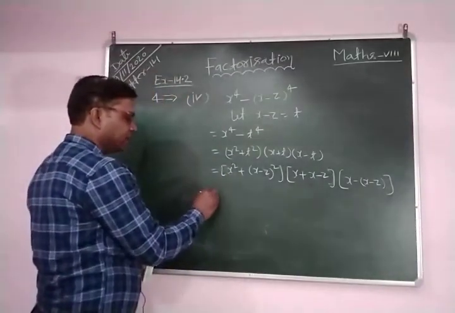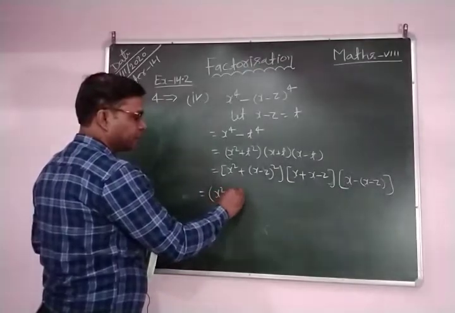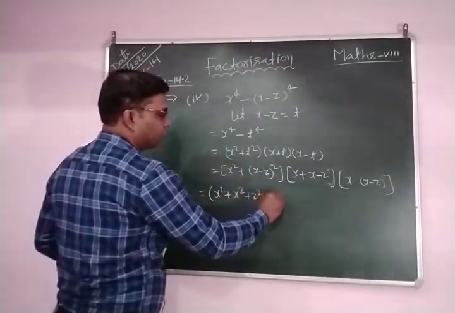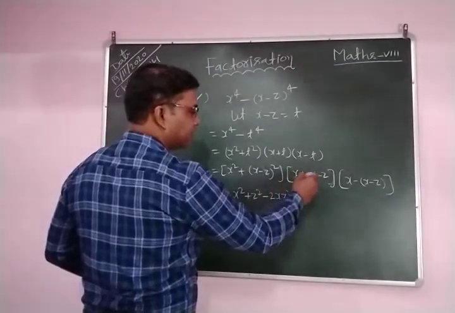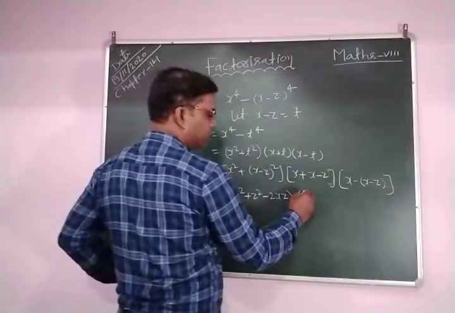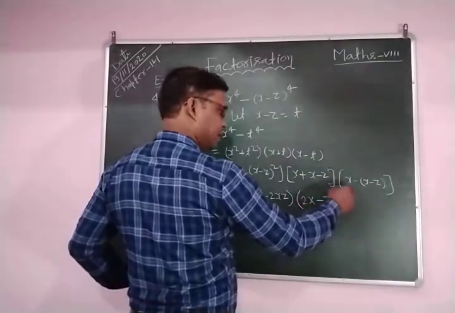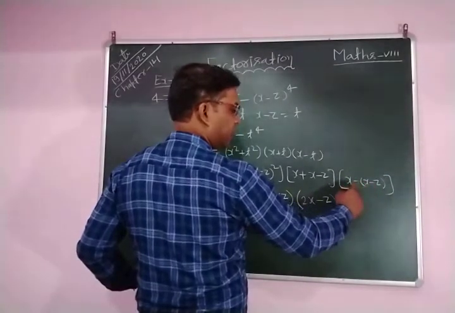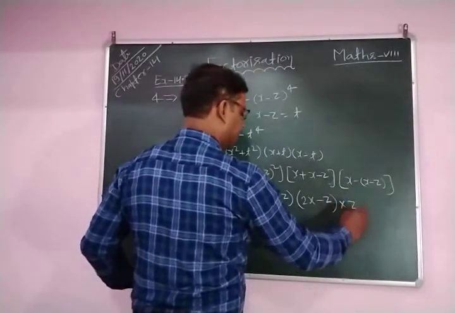So you can write it x square plus z square minus 2xz. Now here it becomes x plus x, which is equal to 2x minus z. But here, if you open this bracket, it becomes minus and this becomes plus. So x minus x is 0. Here we have only z.